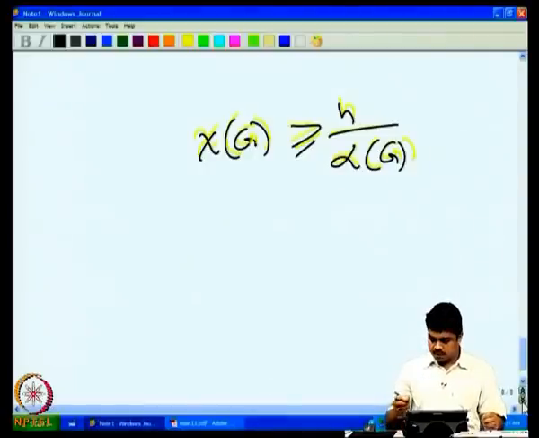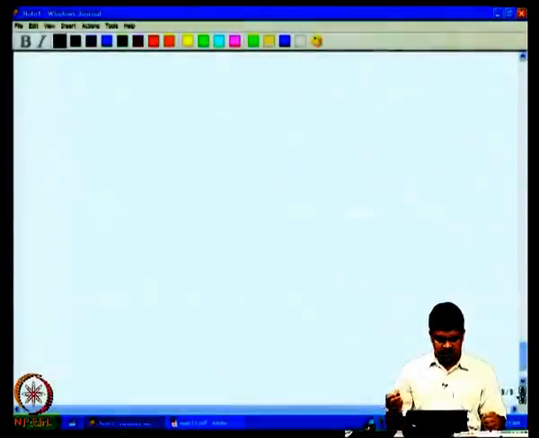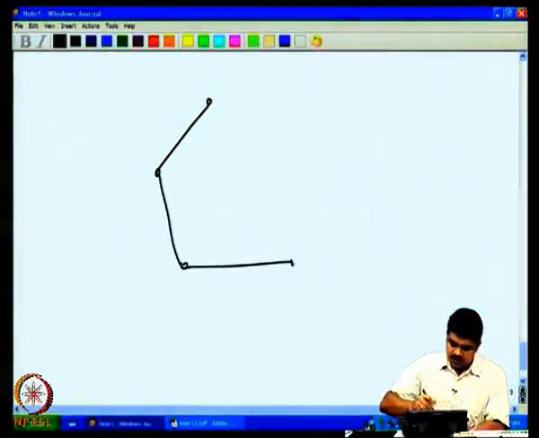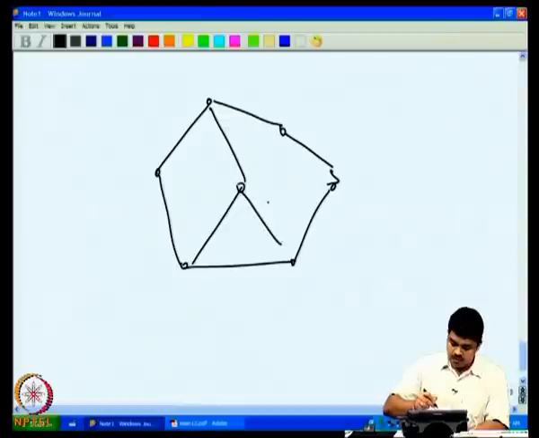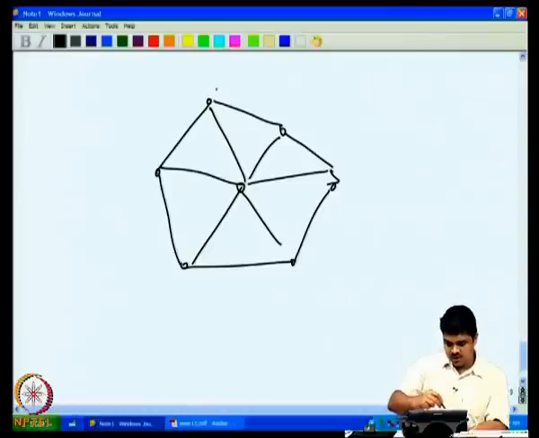Now of course you can take some more complicated examples. For instance, if there is a wheel, how many colors are required? It depends. The middle vertex will always require a new color.